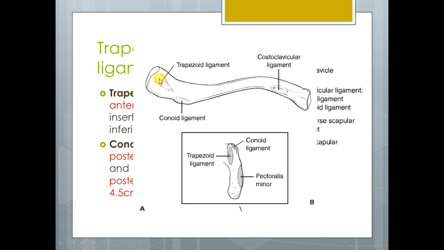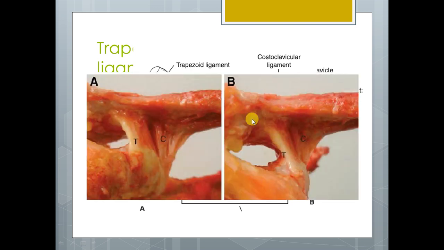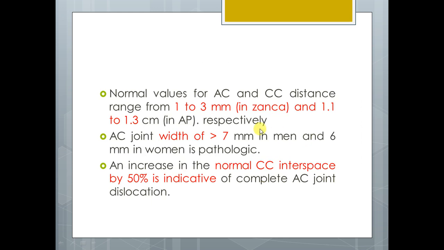Again, this is the anterolateral part and this is the posteromedial conoid ligament, the same arrangement of the two bundles of the ACL. Again, this is the anterolateral part of the trapezoid and this is the posteromedial part.